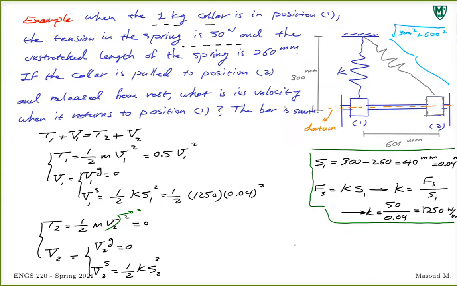So this, let me write it here. S2 is the square root of, let me write it in meters, 0.6 squared plus 0.3 squared, minus, this is the current length, minus the unstretched length of the spring, which is 260 millimeters. Just change that into meters, 0.26. Just don't get lost there.